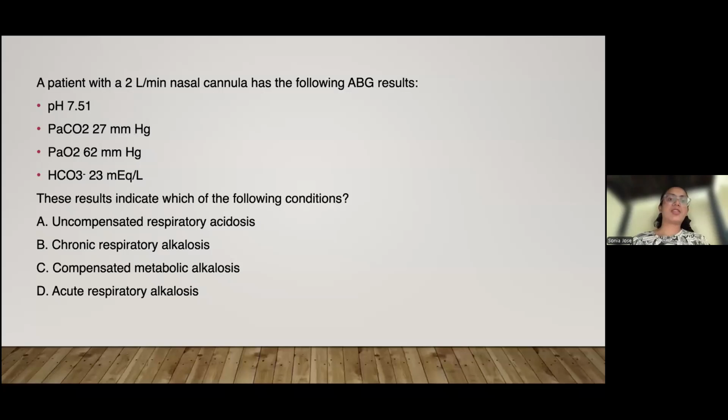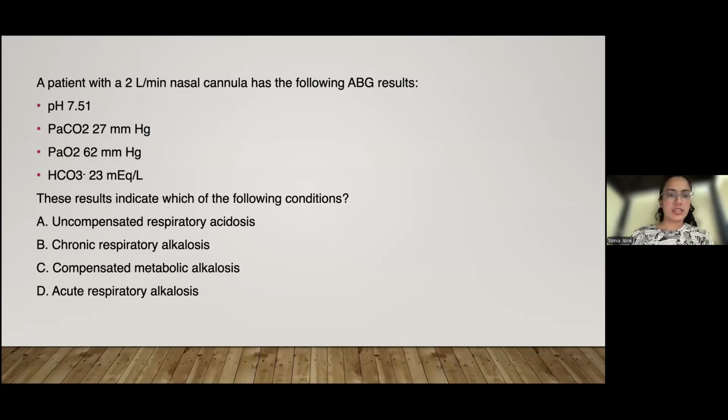A patient with 2 liter per minute nasal cannula has the following ABG results. pH is 7.51, PaCO2 27 mmHg, PaO2 62 mmHg, HCO3 23 milliequivalents per liter. So you should interpret this ABG. Can anyone answer it? Acute respiratory alkalosis.